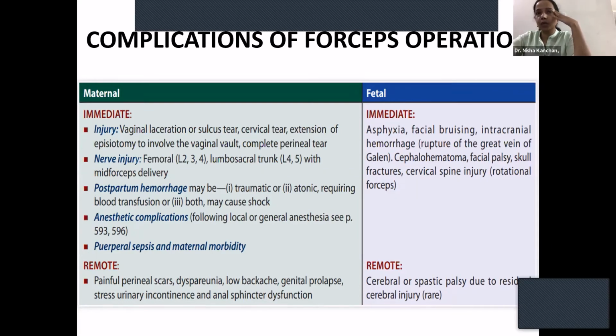Cephalhematoma. What is the level of injury in cephalhematoma? Where is the bleeding collecting? At which level? Under the cephalhematoma is otherwise called as? Facial palsy is when the forceps is applied on the facial nerve and the baby can have facial palsy.